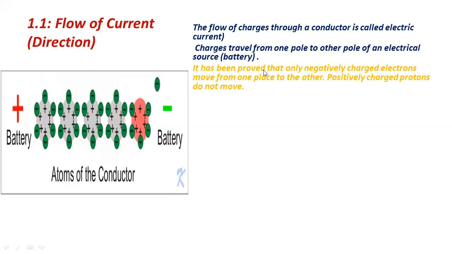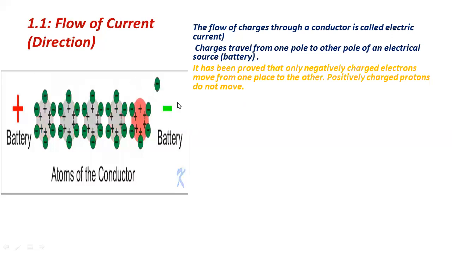It has been proved that only negatively charged electrons move from one place to the other. It means that the flow of charges here means negatively charged electrons. Positively charged protons do not move.